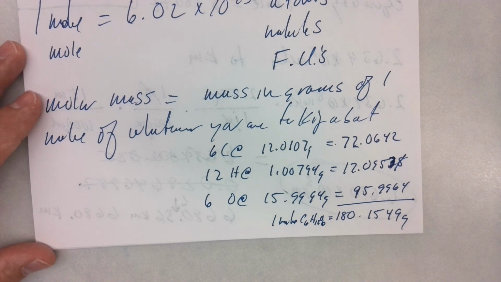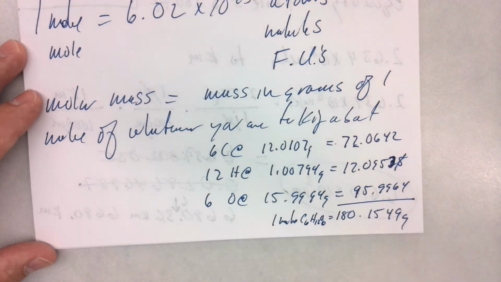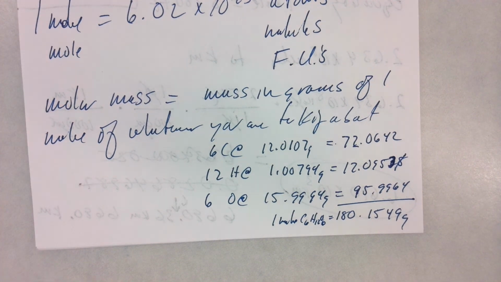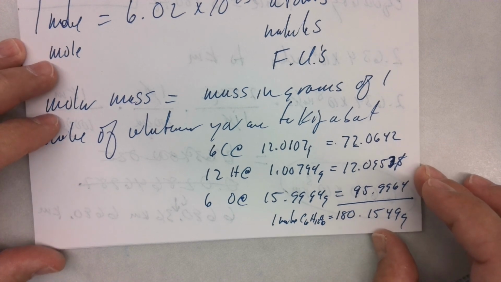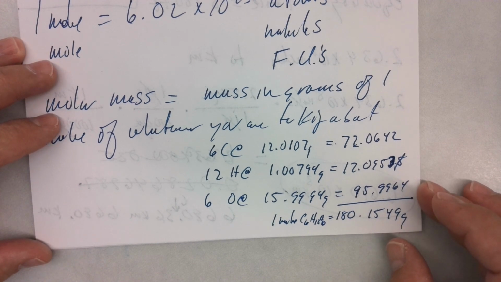180.1549 grams. So I go back up here as my conversion factor. What's going to go in the numerator and what's going to go in the denominator? What unit has to go in the denominator? Grams have to.